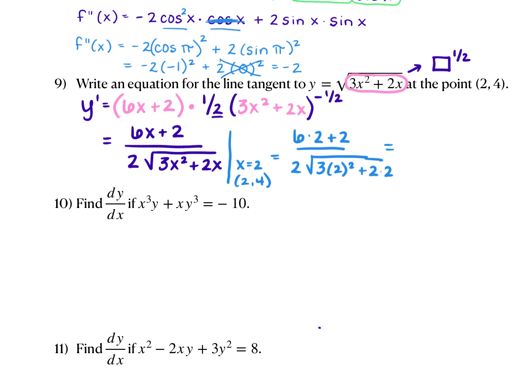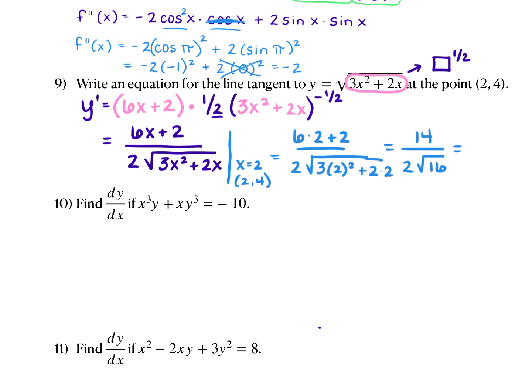So 12 plus 2 is 14 up top. And on the bottom, I'm going to have 2 times the square root of, that's a 12 plus a 4. Oh, so that's a 16. Okay, so I guess this doesn't clean up too badly. So on the bottom, square root of 16 is a 4.